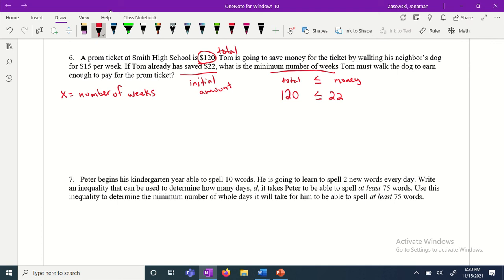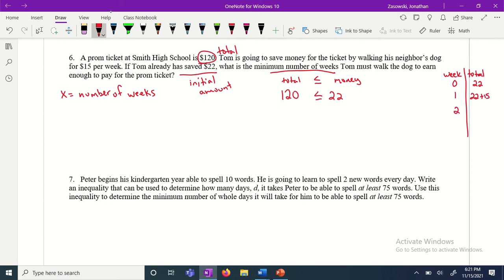So if we started at 0 weeks, I start with 22. After 1 week, how much did I add to that? Well, I added 22 plus 15, right?